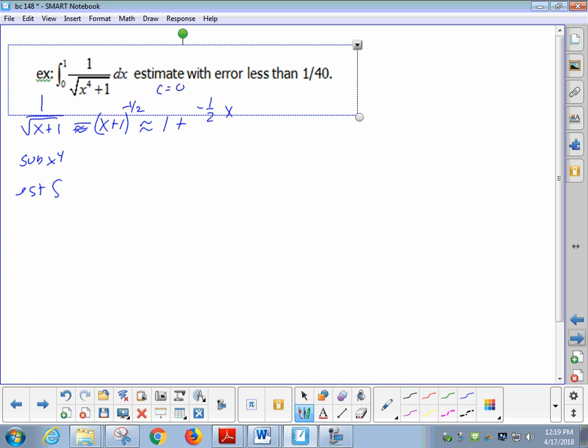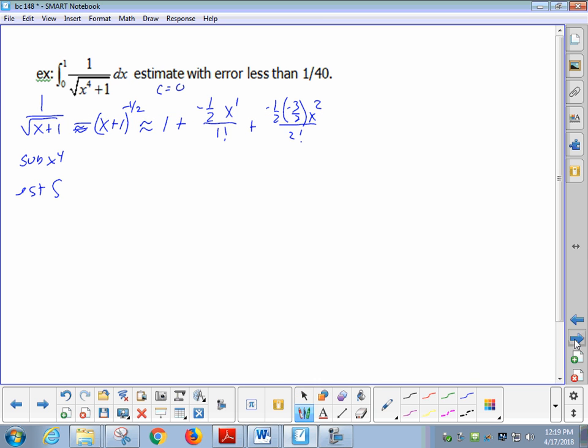Then it would be x to the first over 1 factorial. The next derivative, there you go, negative 1/2 times negative 3/2, x to the second over 2 factorial. I'm going to go one more term just in case. What's the next derivative? Negative 1/2, negative 3/2, negative 5/2, x cubed over 3 factorial, and so on.